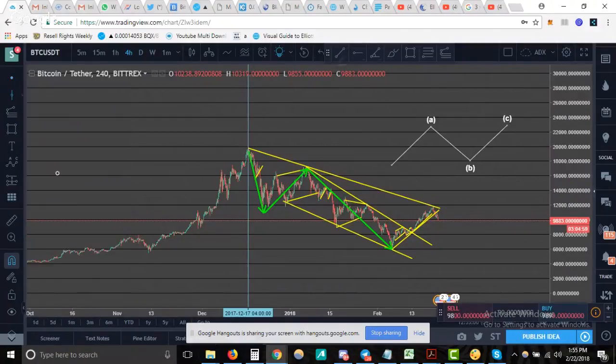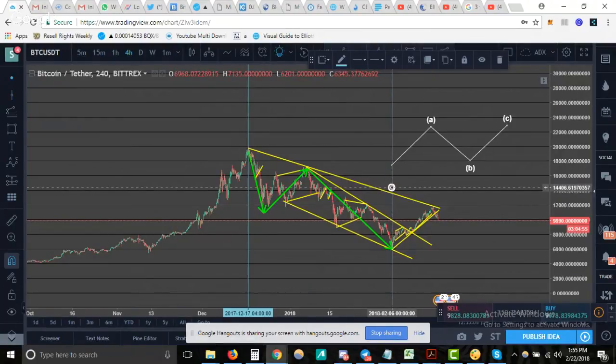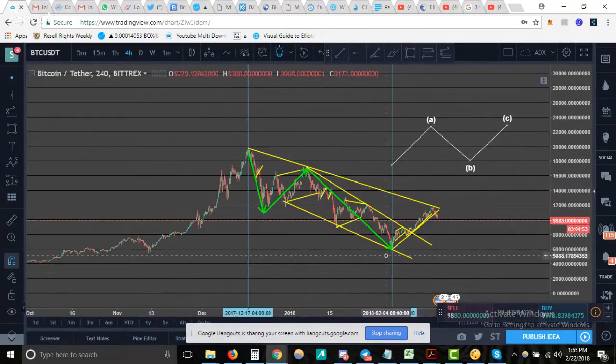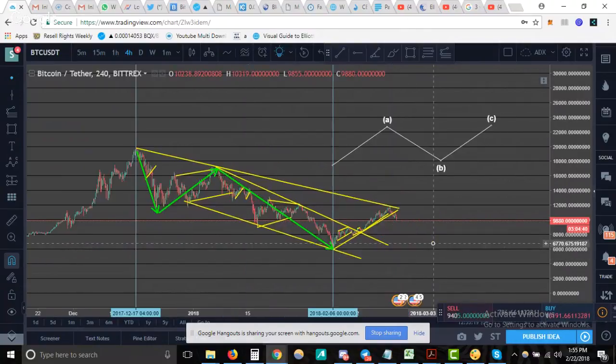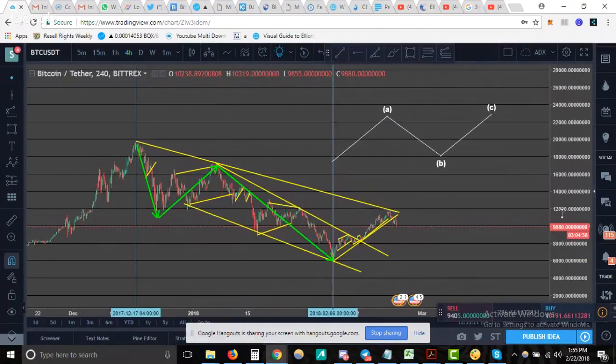Let me put another vertical line here. So from here to here is the completion of a zigzag pattern. What is expected next is that the market bounces back, but there's no guarantee that it's going to test a new high.